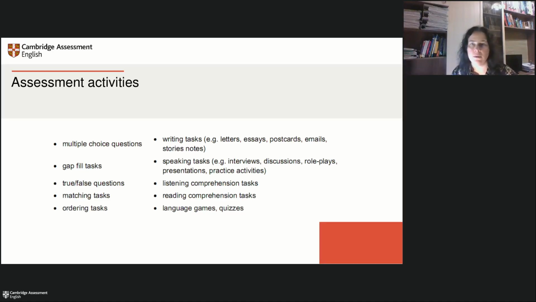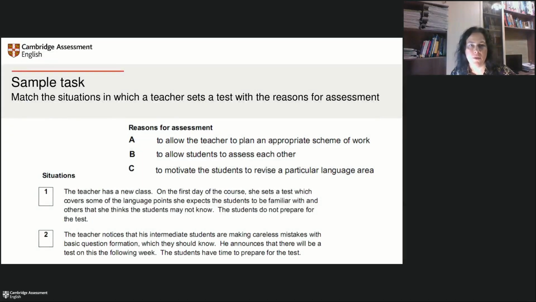So let's have a look at a sample task and see what they might be asking you. The task type is again matching. So we have a lot of matching tasks today. Have a look and match.